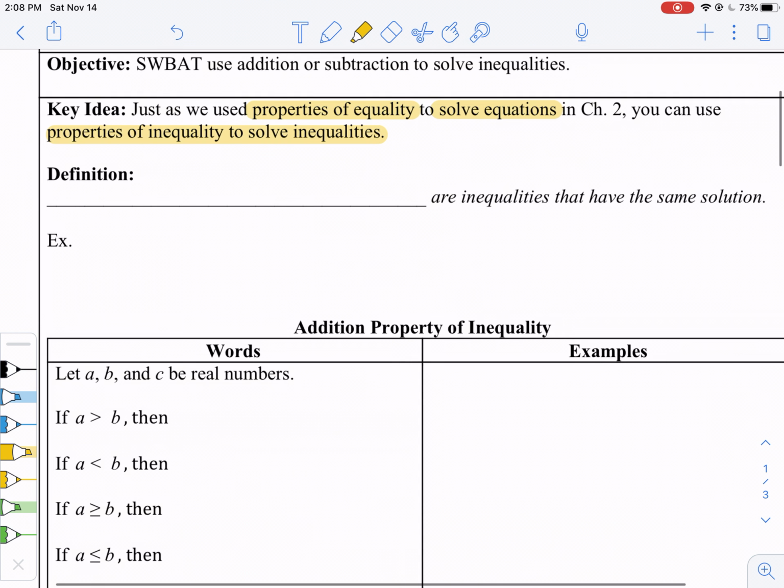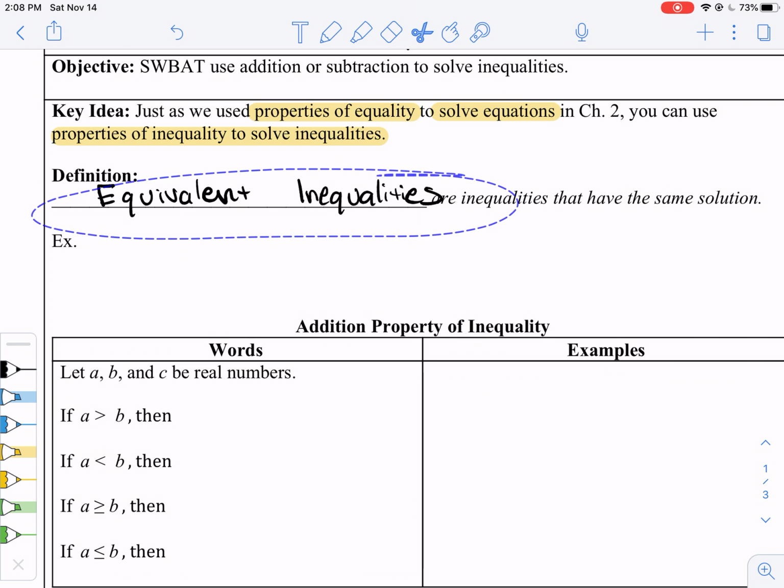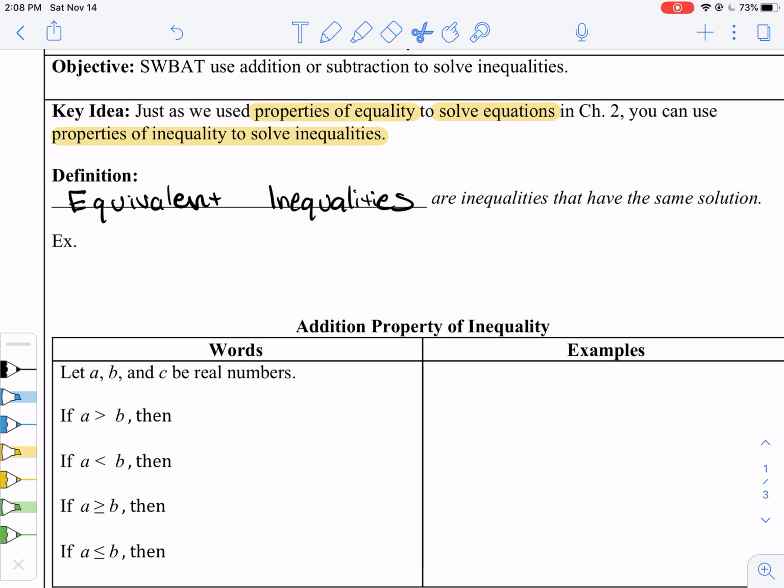Just like we had equivalent equations, this time we are going to create equivalent, you ready for this? Equivalent inequalities. And that seems like kind of an oxymoron, right? How can you have an inequality, that's like not equal, that is in fact equal?